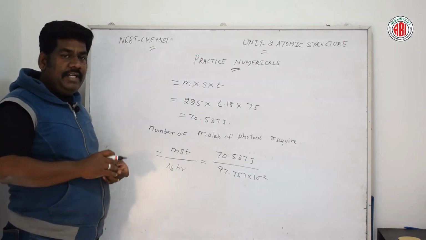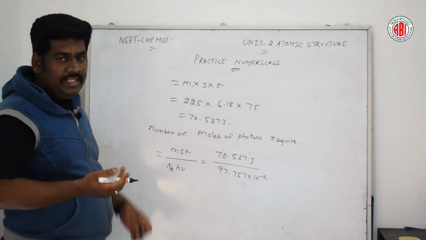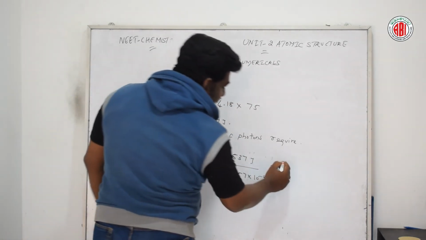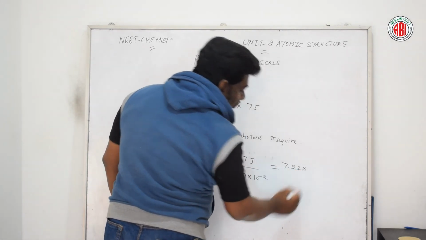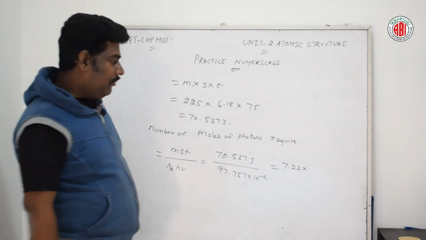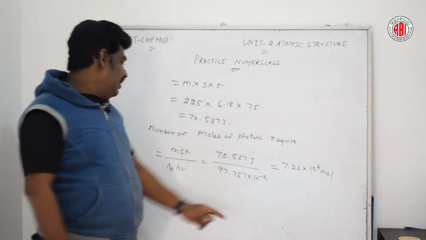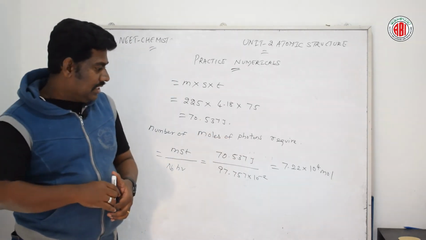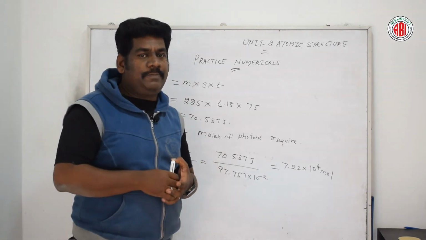Simplifying this, we could get the number of moles of photons which we require. So the number of moles of photons required is 7.22 into 10 to the power of 4 mole. By this way we can solve this problem.